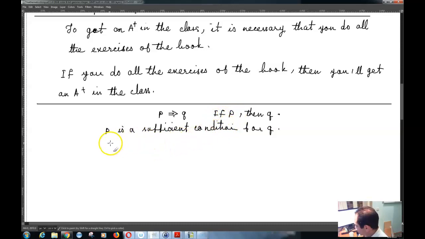Now, the second way to understand this is to say P only if Q. This says that the number is a multiple of 9 only if it's a multiple of 3.